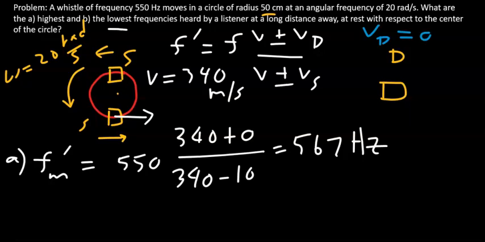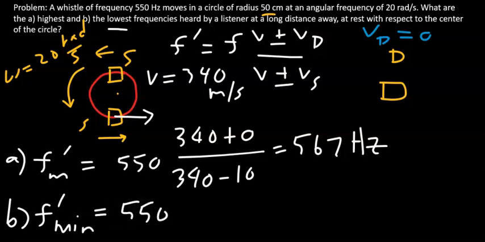Now part B, the lowest frequency. The lowest frequency, or the minimum, is given by, again, 550, that is F, times V, 340, plus or minus 0, the detector's not moving, over 340, and the sign that we use is the sign that would give a shift down.